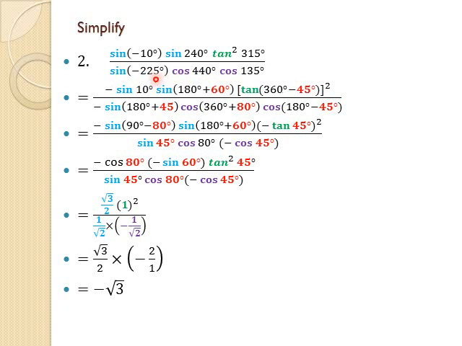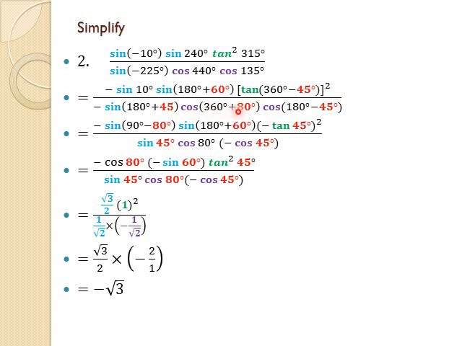Sine negative 225, now instead of trying to figure out, write it as a negative angle with the negative reduction formula, I just treat that as being in the fourth quadrant, and in the fourth quadrant sine is negative, but 225 now I can write as 180 plus 45 degrees, which is a special angle. Cos 440, any angle bigger than 360, we always remove 360 first, right?